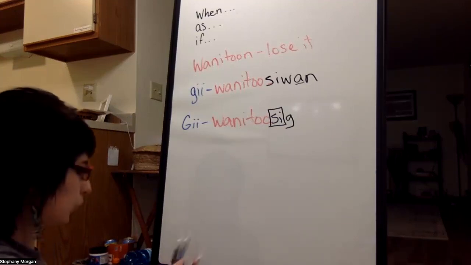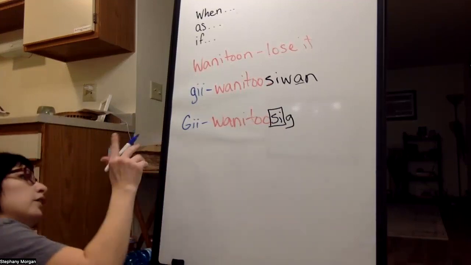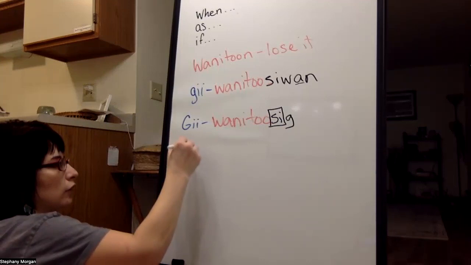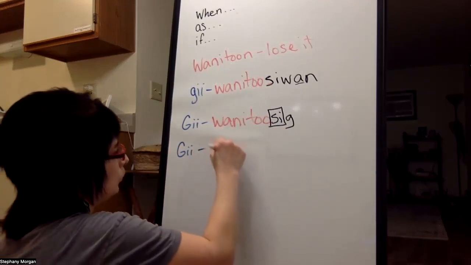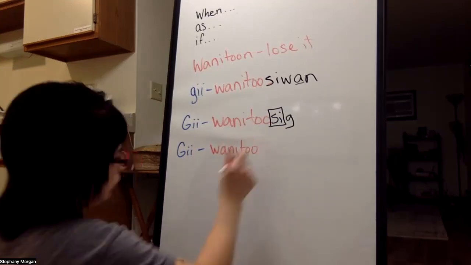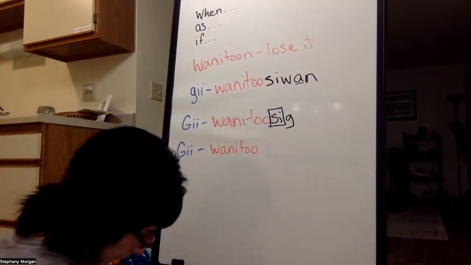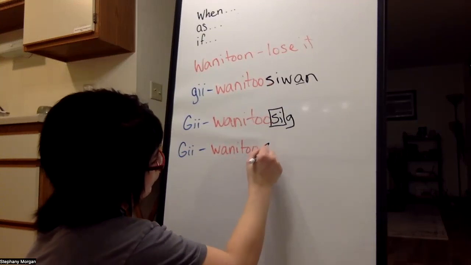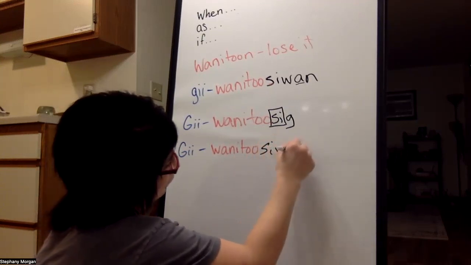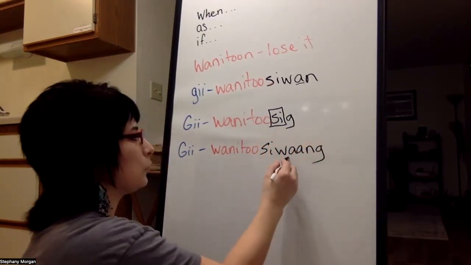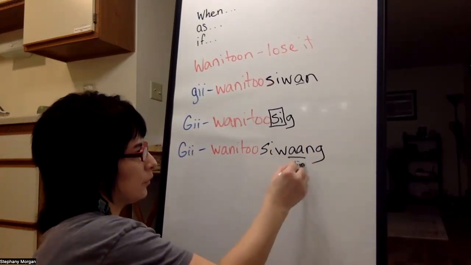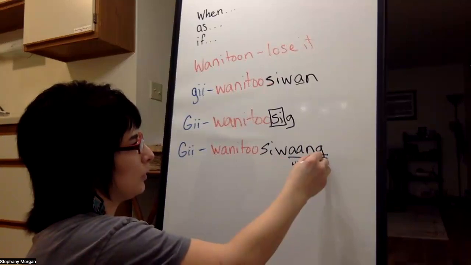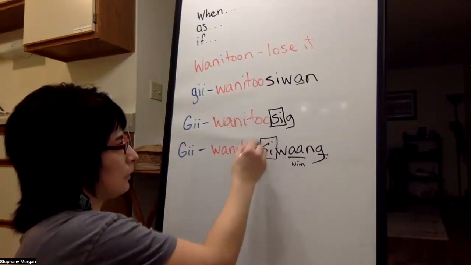Like when we, but not you, did not lose it, we have Gi wanted to Siwang. And here's our double A that indicates neen, but we have this that makes it neen a wind, and this is the part that makes it negative.